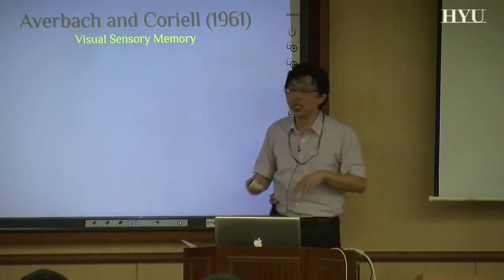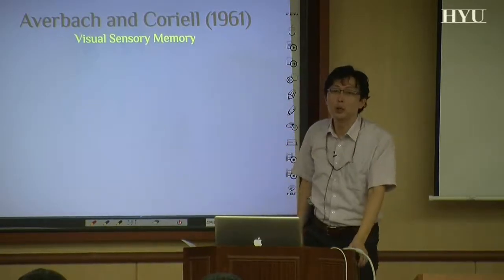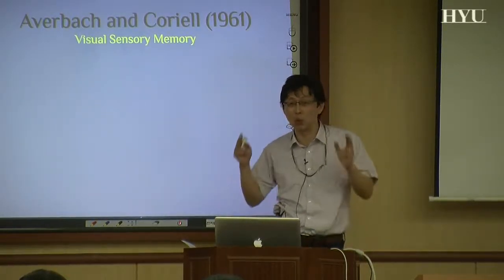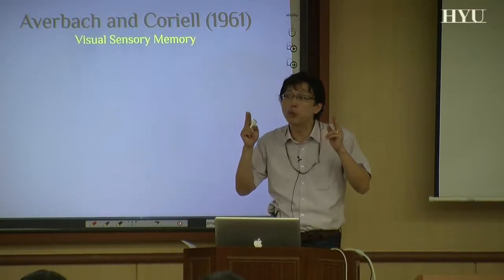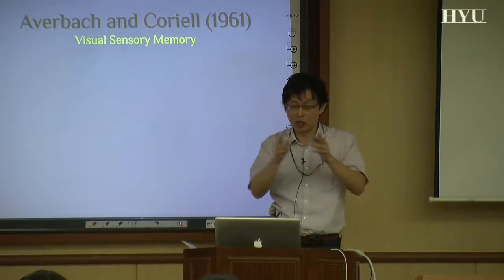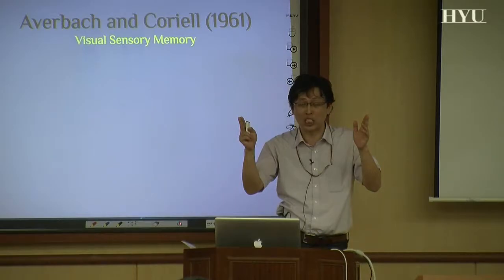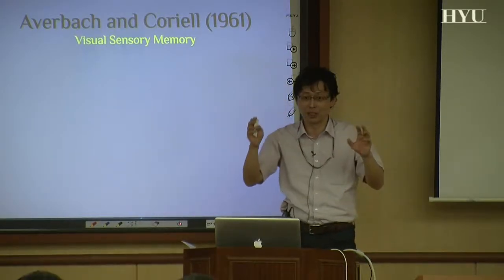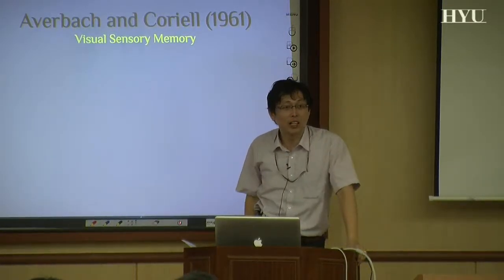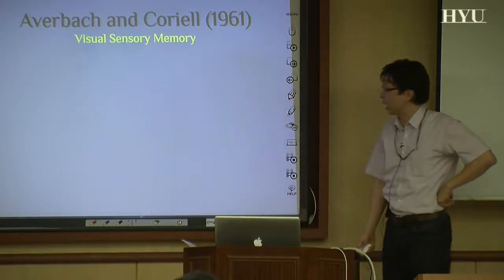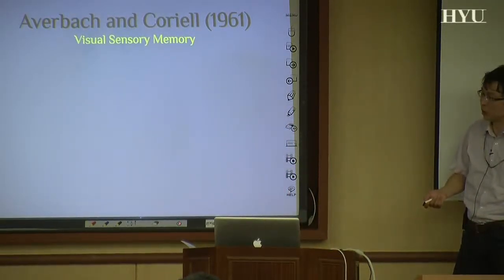Of course, using this kind of visual persistence, we make animation, isn't it? Within 1 second, we put 24 frames of pictures. So when you see these 24 pictures within a second, we believe this one is moving, animating. So that's the kind of application we use of our visual sensory memory.